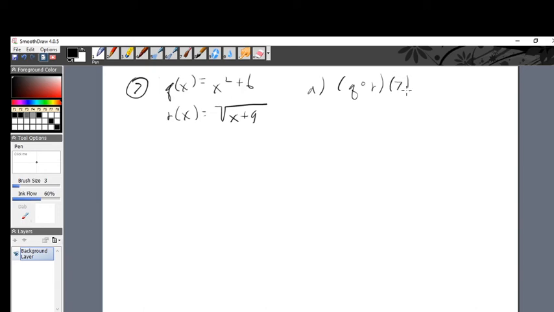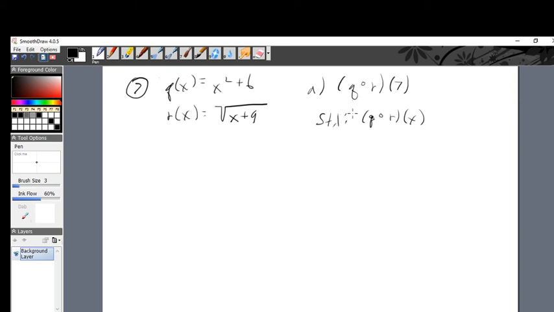There's a B, but let's not worry about that right now. So how do I take care of this? Step 1 is let's find q of r of generic x. Then we'll put a 7 in there.